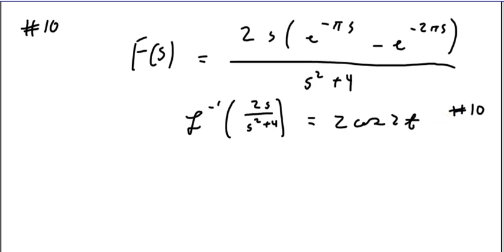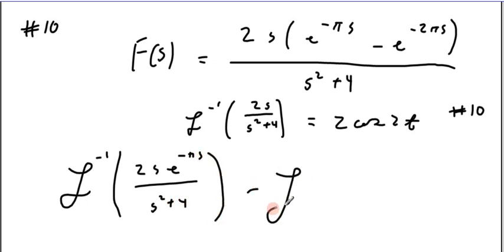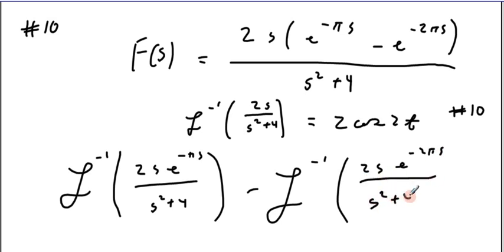So I'm looking at the inverse Laplace transform of 2s e to the minus pi s over s squared plus 4 minus the Laplace transform of 2s e to the minus 2 pi s over s squared plus 4.